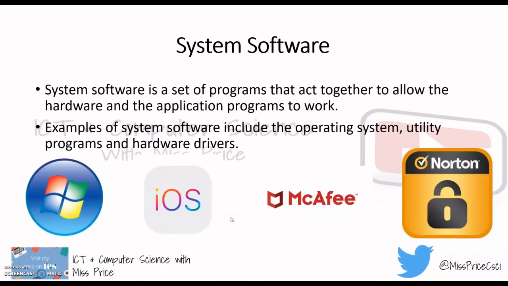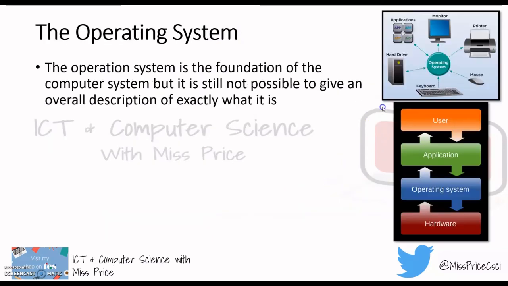Here are some examples. We've got our operating systems here, which could be Windows or iOS. McAfee and Norton are types of utility software. The operating system, as I said earlier, is the foundation of the computer, but it's still not really possible to give an overall description of what it exactly is, because it does so much.